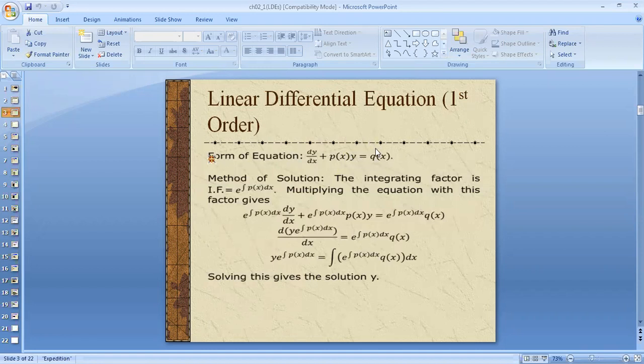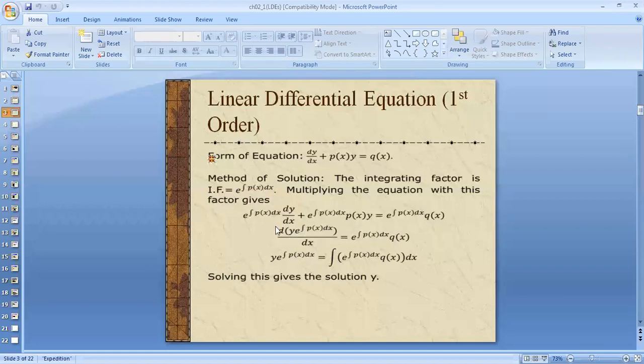And if you want to solve these differential equations, we have to introduce a method. This is the integrating factor method. The integrating factor is denoted by e to the power integration of P(x) dx. That means P is the coefficient of the y term, and we multiply the equation by this factor on both sides.